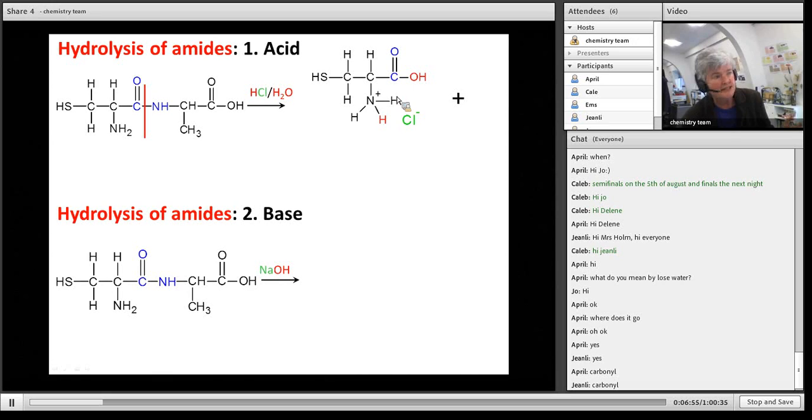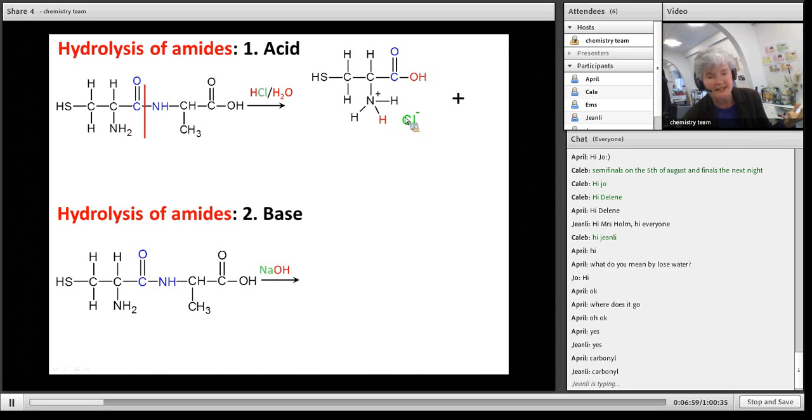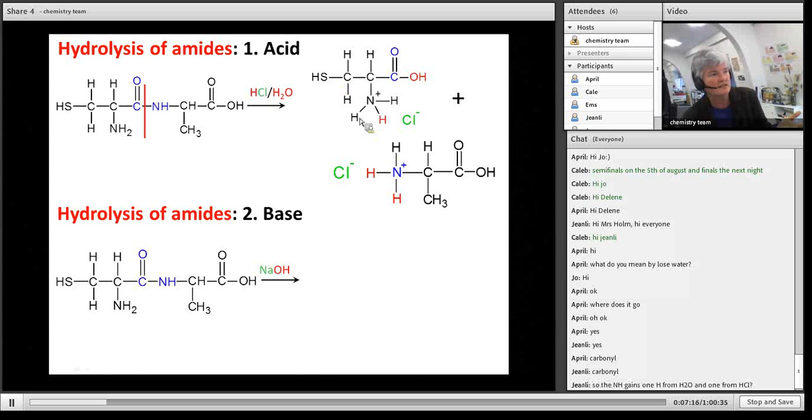So this has become a positive cation, and this is the anion. So under acidic conditions, I get a fairly neutral substance. I've broken it up over there. So this is the first amino acid, and this bit over here is the second amino acid.